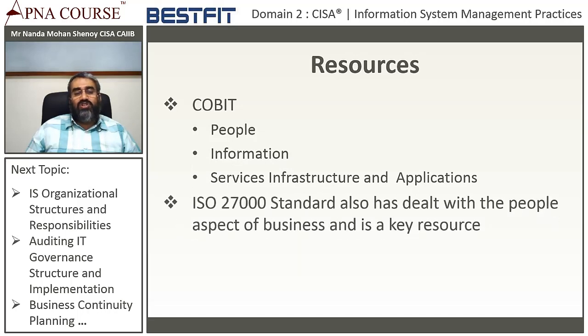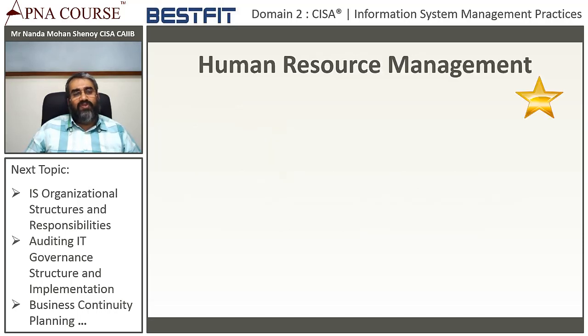ISO 27000 standard also has dealt with the people aspect of business as a key resource. In your CISA review manual, in this specific chapter on governance, we are talking more of the people side of business. So it talks about human resources. One section of your CISA review manual talks about human resources management.